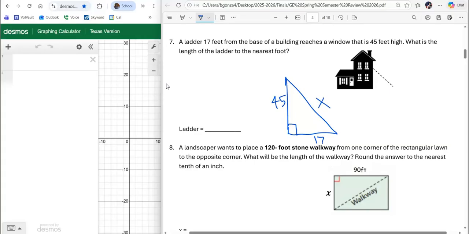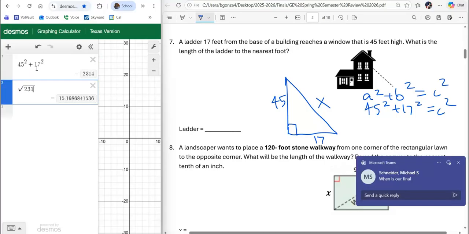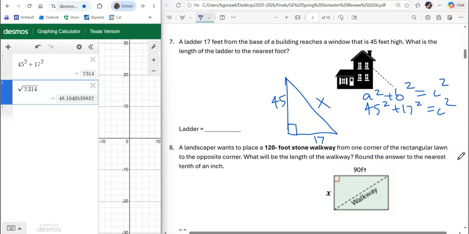So when you know two sides of a right triangle and you're looking for the third, you're going to have to use Pythagorean theorem. Okay, 2,314, and we get 48.1.